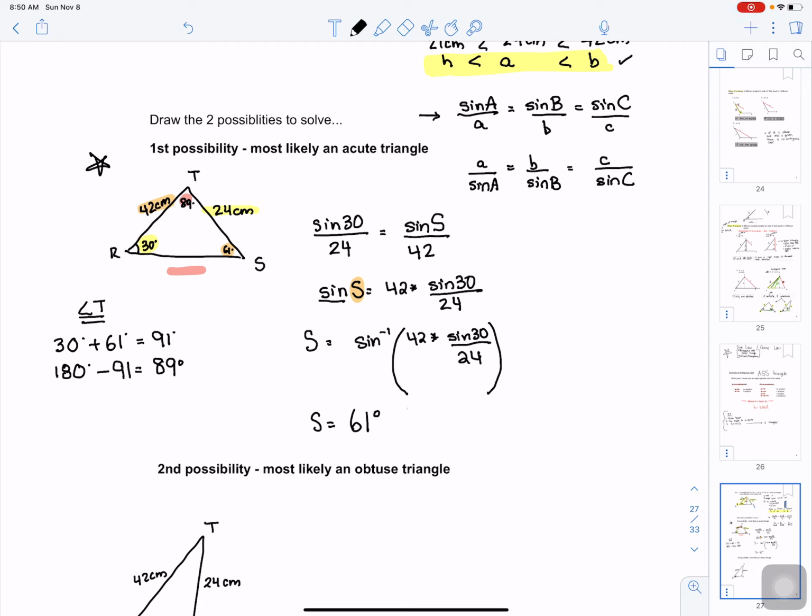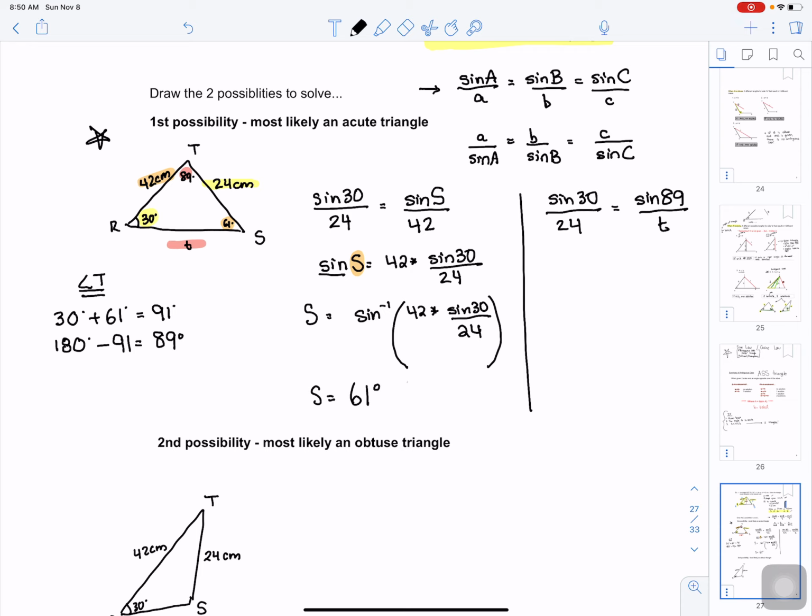Now I'm ready to use the sine law relationship again. I'm going to use the yellow relationship because that was already information given to me. So sine 30 over 24 equals sine of 89 over t, little t, which is the side I'm looking for.